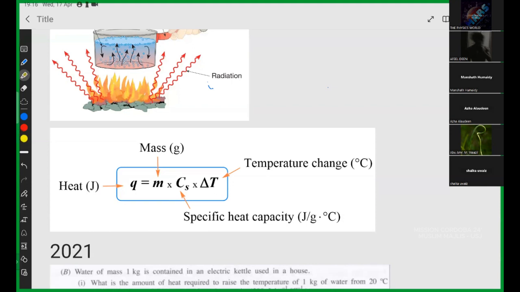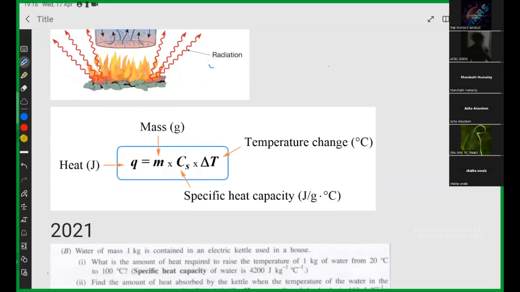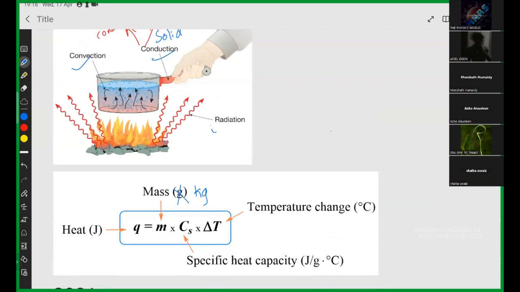Okay. So we know M is mass, but it's not in grams that you have to give. You have to give it in kilograms, not grams, okay? And the next thing is you will have specific heat capacity. Now I'll explain the term heat capacity.